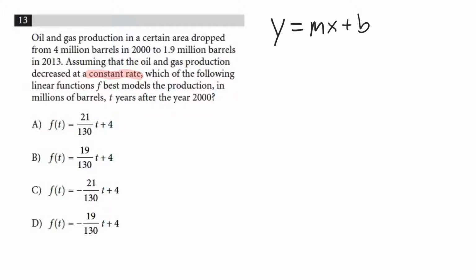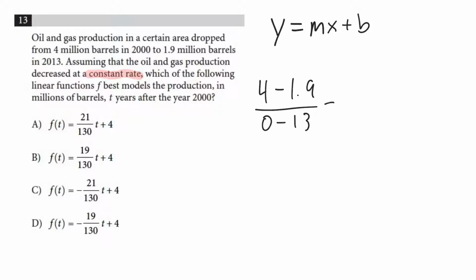So we're going from 4 million barrels to 1.9 million barrels, and we're going from 2000, which is 0 years, to 13 years.